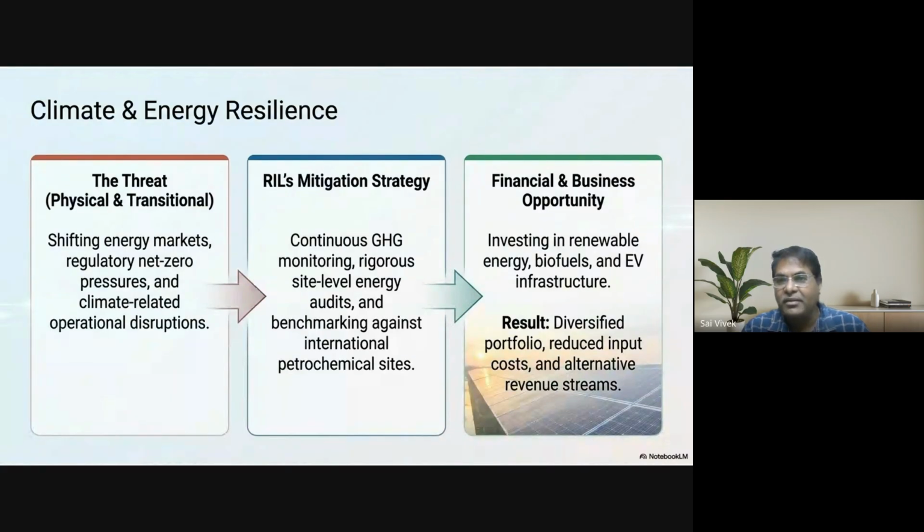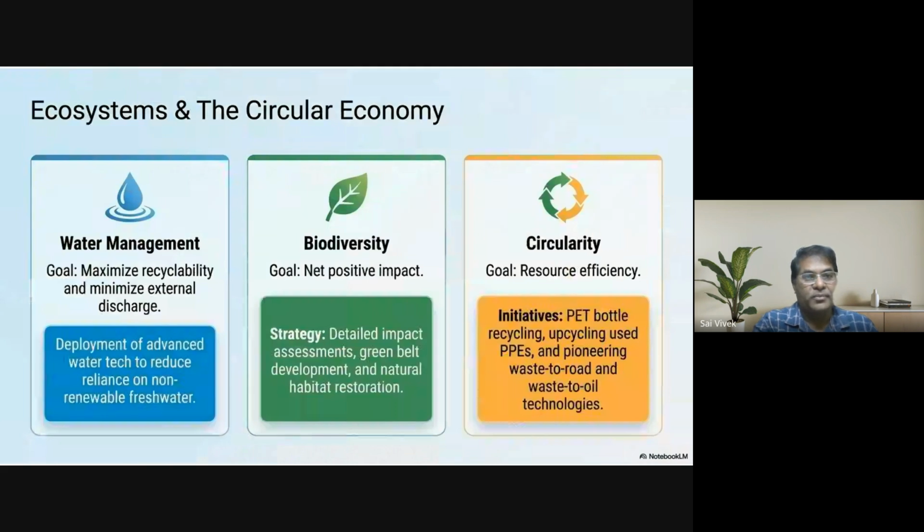And the financial and business opportunities: investing in renewable energy, biofuels, electric vehicle infrastructure. These are the business opportunities present. And the result of doing all this is a diversified portfolio, reduced input costs, and alternative revenue streams. So thus climate and energy resilience is achieved.